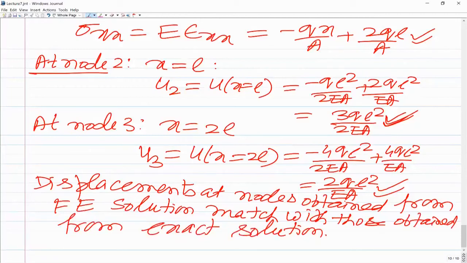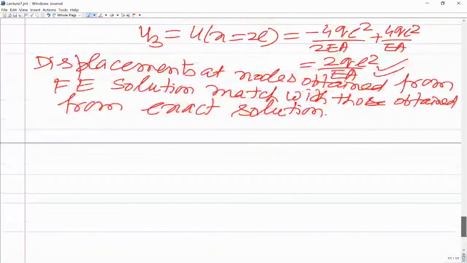Of course, the difference you will notice if you calculate somewhere in between the nodes, you will not match there. So this is only at the node points.